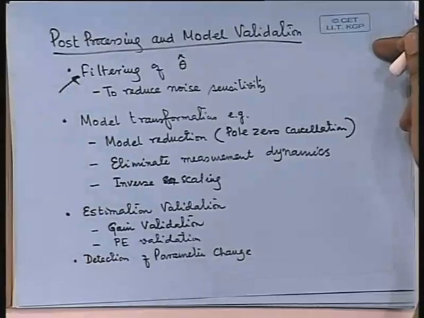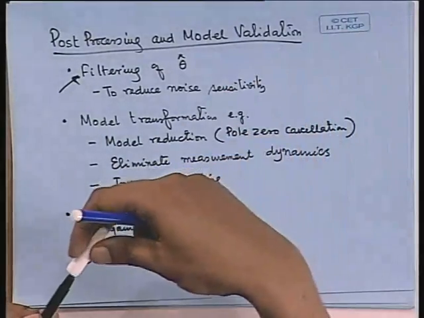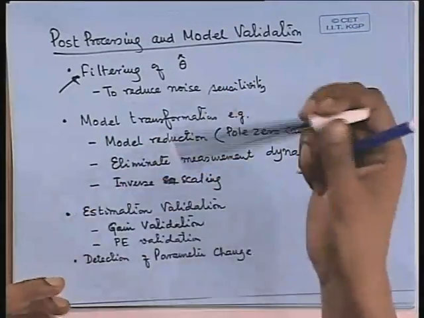Similarly, post-processing and model validation. This we have seen in some cases. For example, recently we used a neural network estimator, which is a nonlinear estimator. Would you believe it? If a carbide tool is actually cutting metal, it's getting worn out. So its cutting edge dimension is changing.